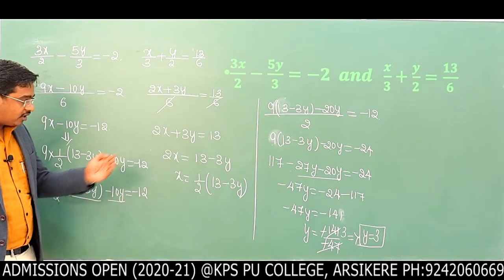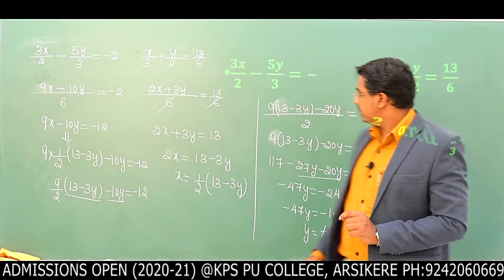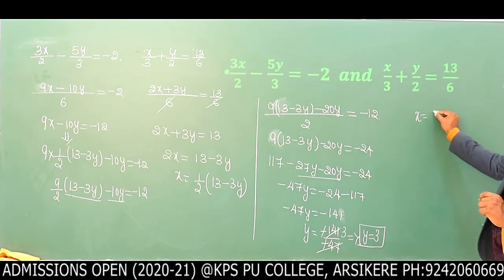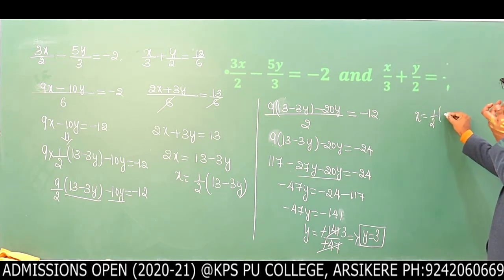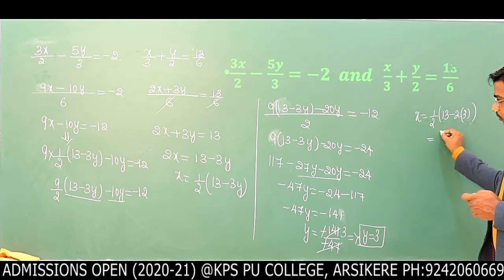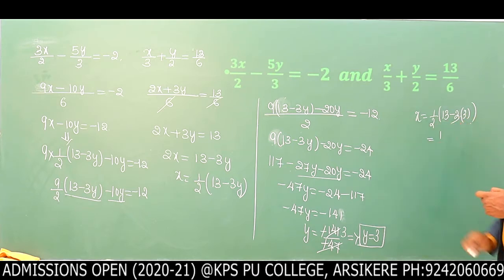And how to get the value of x here? Same, substitute in this equation. What is x? x is equal to 1 by 2 times 13 minus 3y.